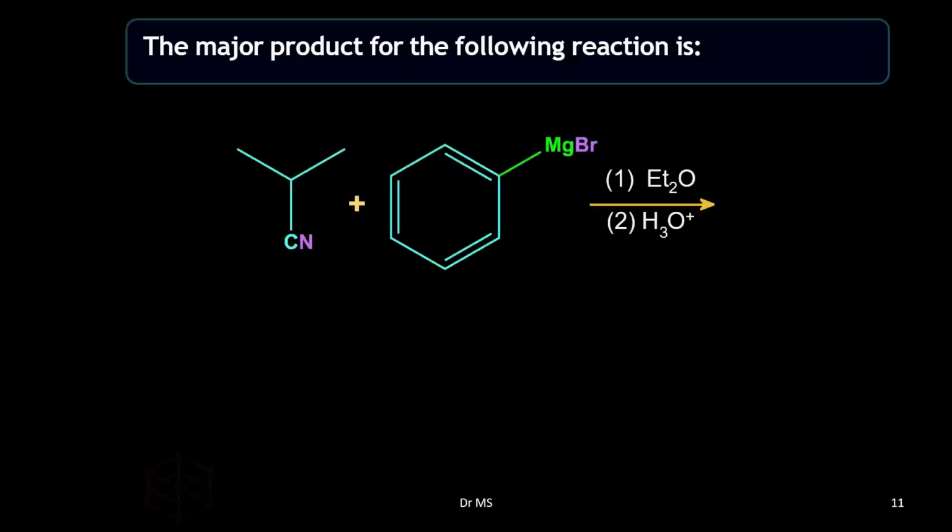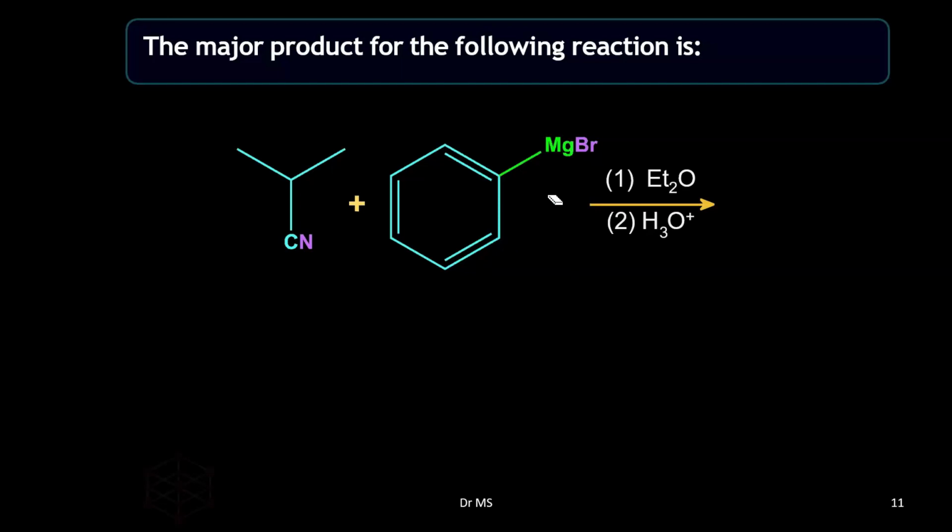So next one, see here. What will be the product? If you see a CN, it's a nitrile group, that's it. And if it is a nitrile group, this should be RMgBr, which is a Grignard reagent.